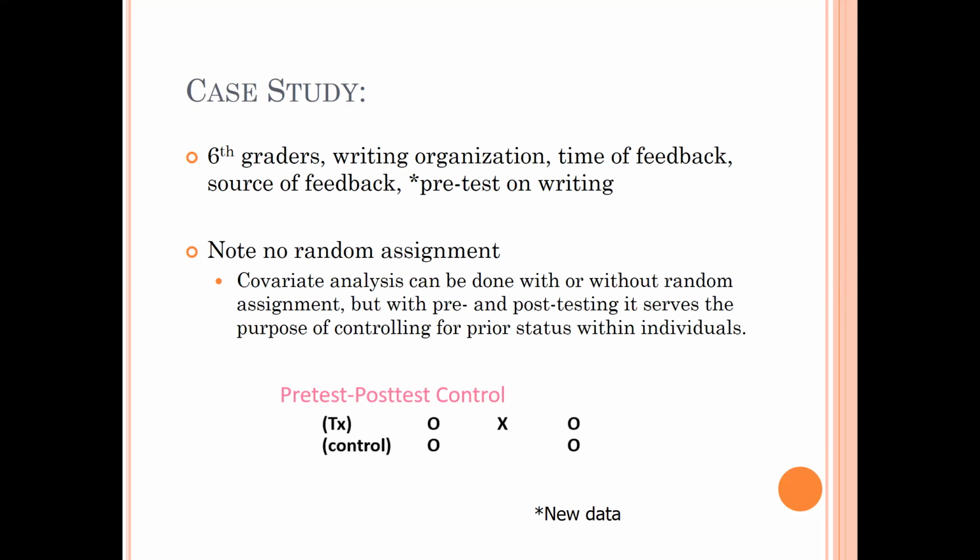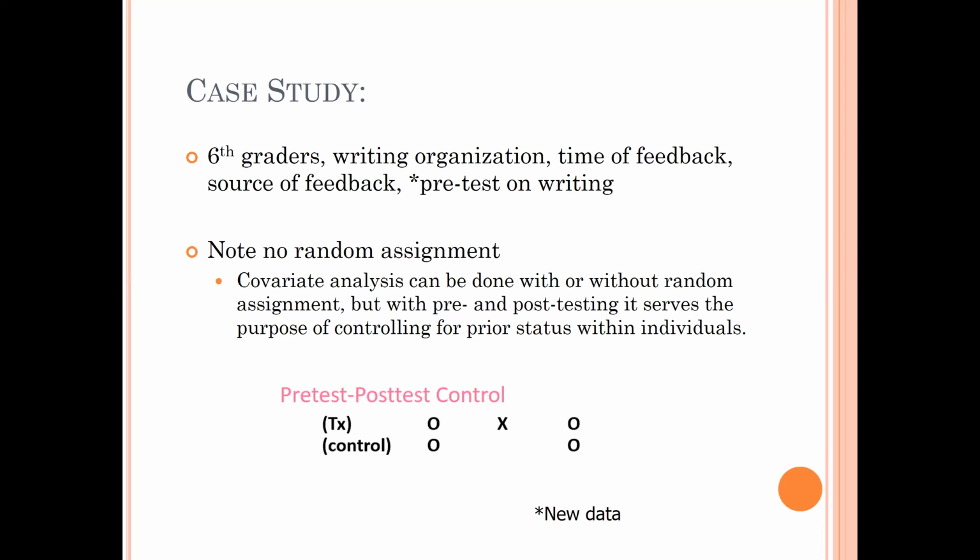So looking at this, our new covariate analysis is going to include this pre-test on writing. So that's our covariate. Now we're not assuming random assignment. The design is shown at the bottom. Oh, I'm sorry, it is not a pre-test, post-test control.